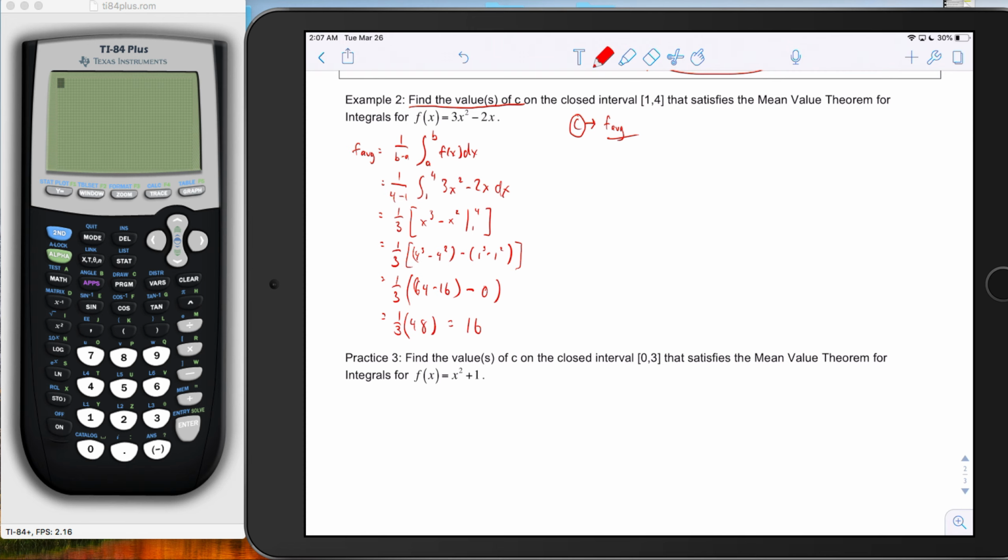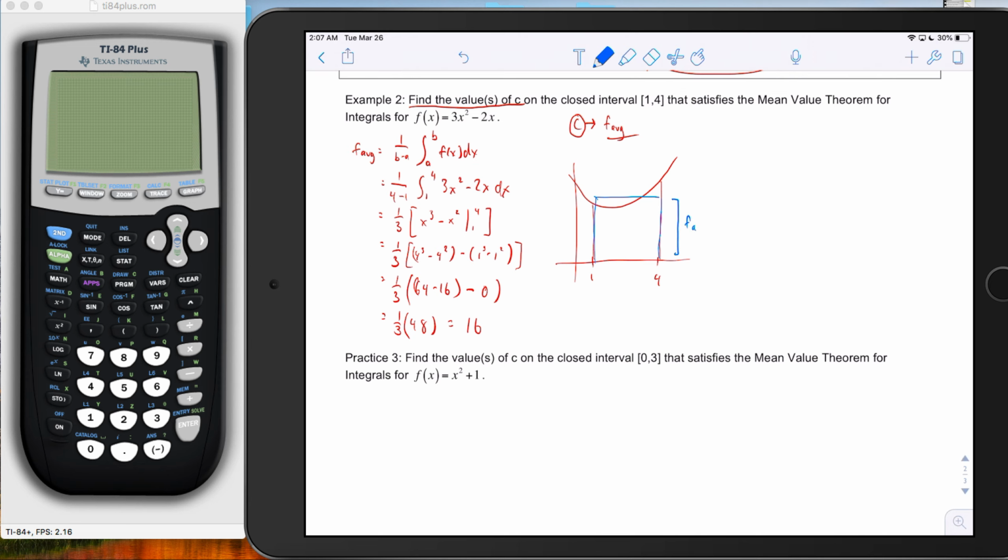Okay, so let's kind of just sketch a picture. I don't know what 3x squared minus 2x exactly looks like, but let's take a wild guess that it looks something like this. And from 1 to 4, we found that the average value is right there.